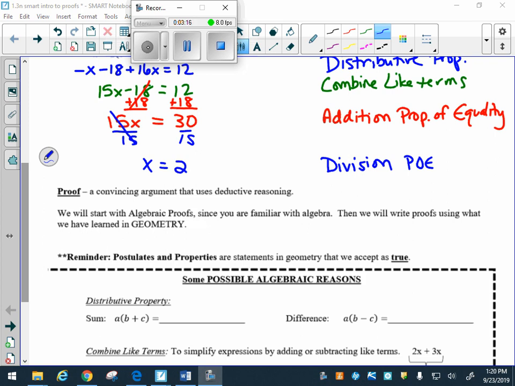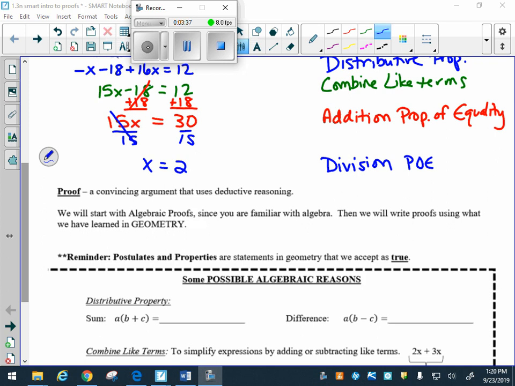One is called a two-column proof. One is called a flowchart proof. There are other proofs. There are paragraph proofs and coordinate proofs, and lots of different types of proofs. Right now, we're going to start with two-column and flowchart.